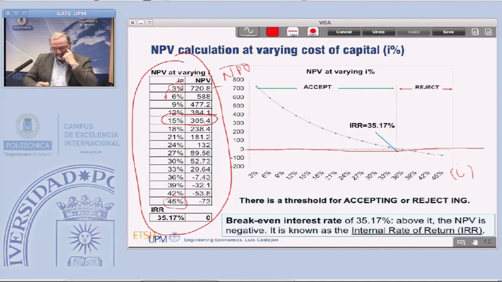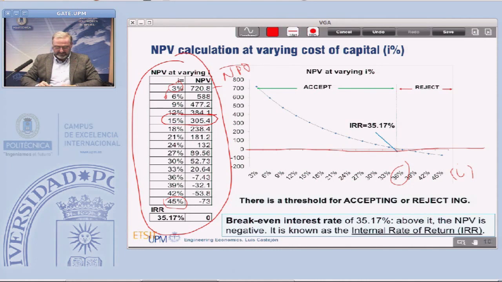And we see that for a certain interest rate, near 36, the NPV of the project becomes lower than 0.